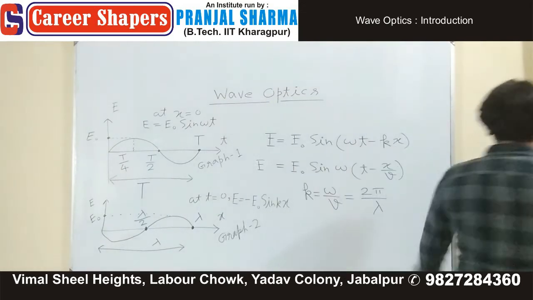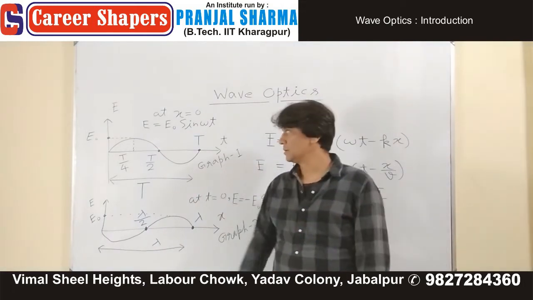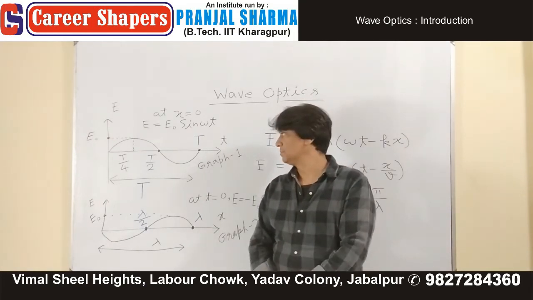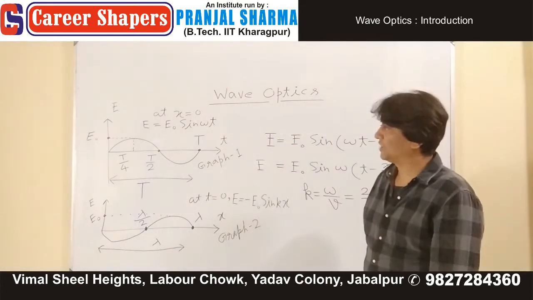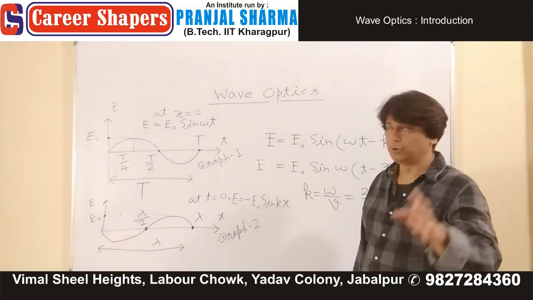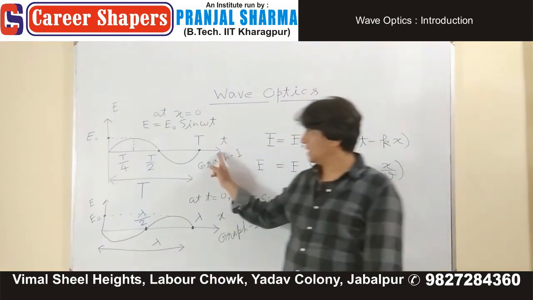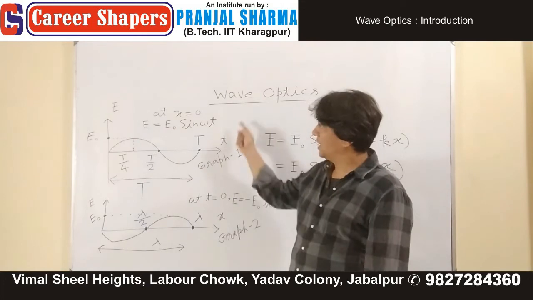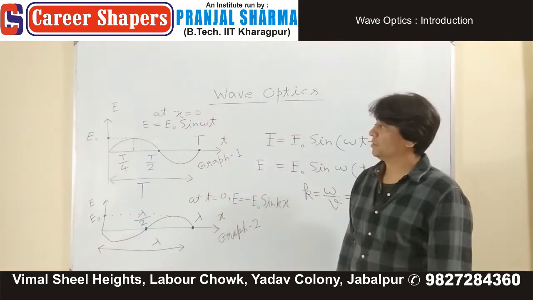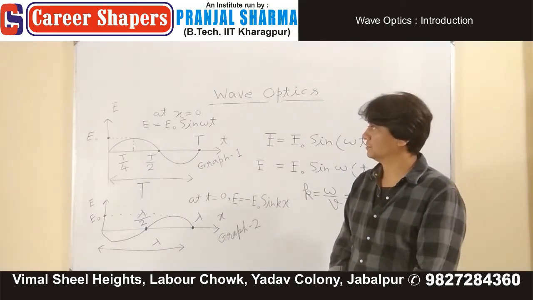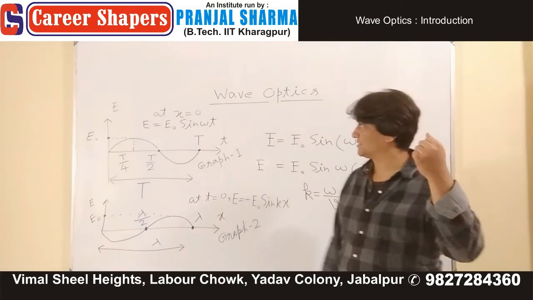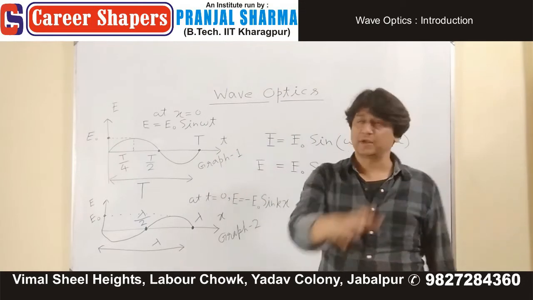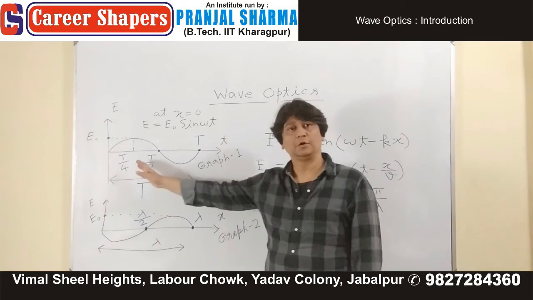In graph 1, magnitude and direction of electric field is shown at different times, but at a given position. That position doesn't necessarily be x equals 0 always. It can be x 0, 0.1, 0.111111. All the positions are there. But at x equals 0, if I ask you to plot it, that's how you get it.